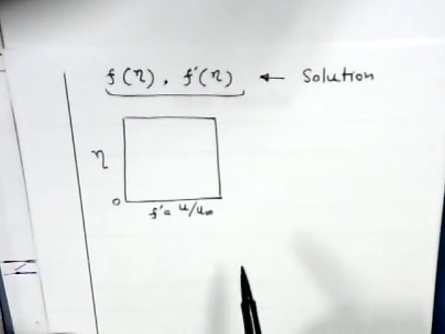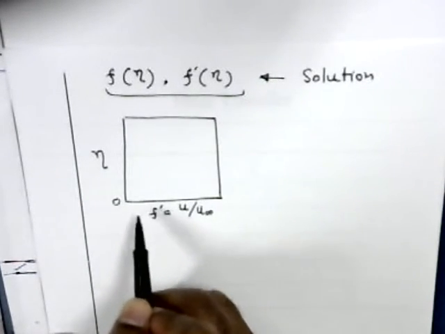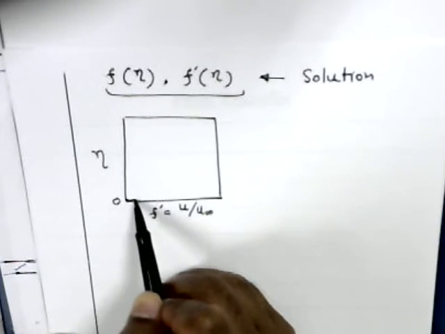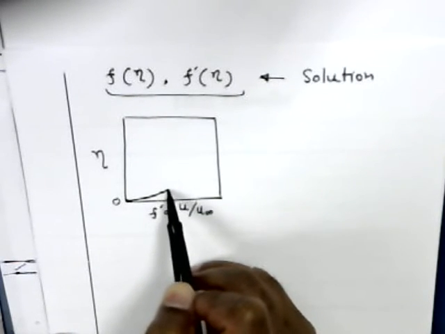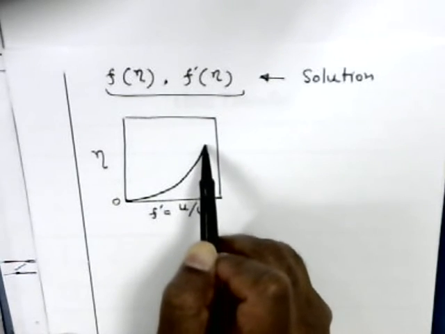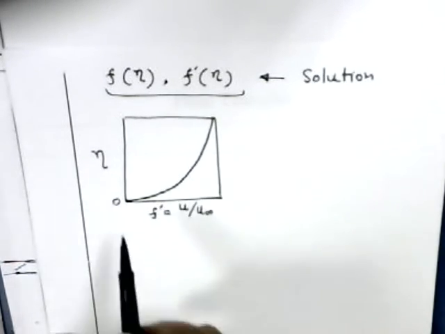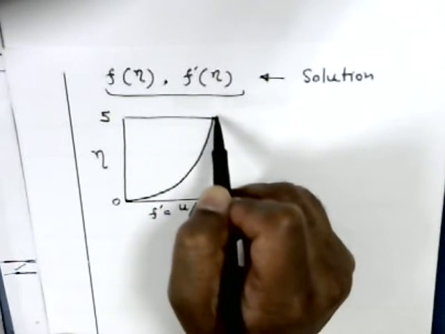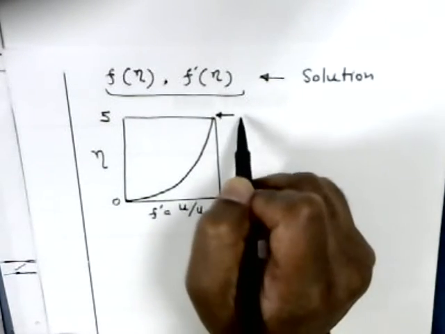We got that by the solution of that equation numerically. When eta is 0, f prime is 0, and then it increases, the profile is like this, and when eta is 5, the value of f prime here is 0.99.